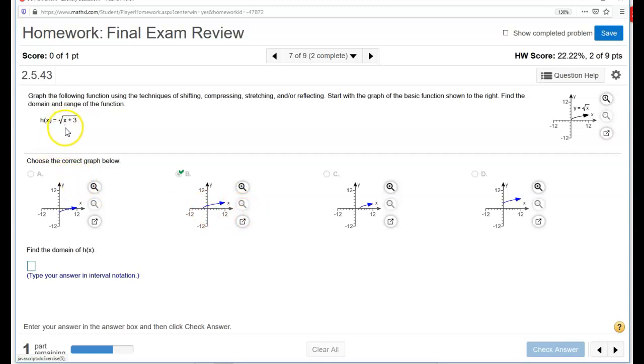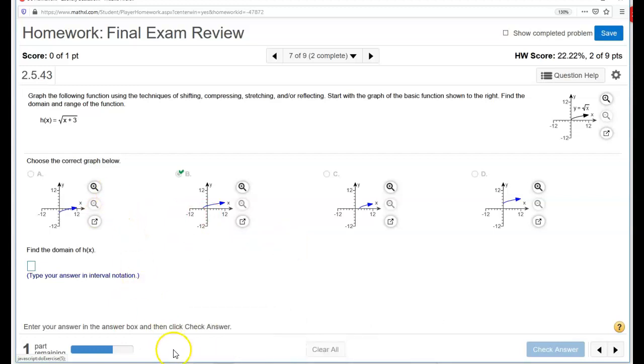And I can put -3 in there because I can find the square root of -3 plus 3, which is the square root of 0, which is equal to 0. So just from looking at that, I can say with a pretty good confidence level that the domain is from -3 to infinity, but let's go ahead and just mathematically show that as well, just in case I wasn't 100% convinced.